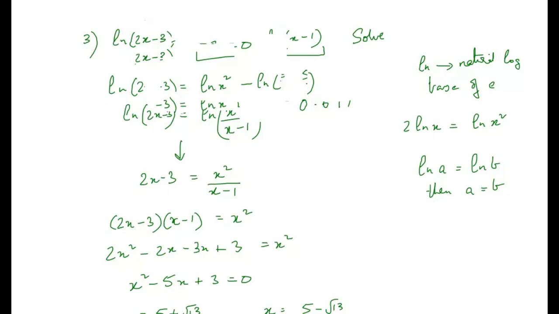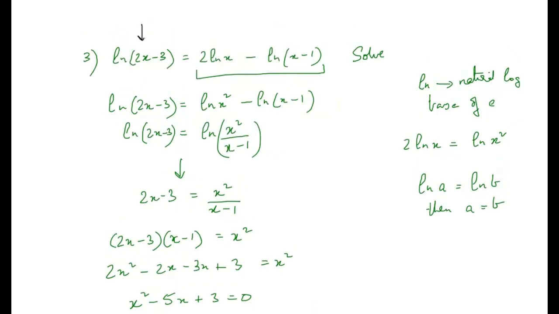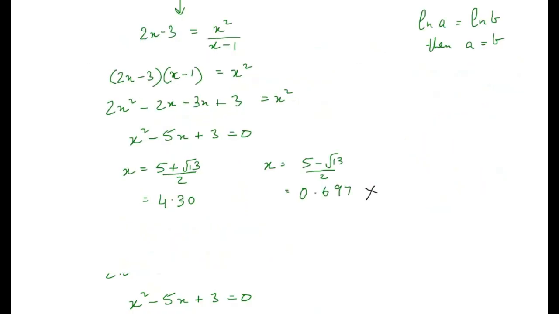So putting that in, 2 into 0.697 minus 3 gives me a negative value. 2 into 0.697 minus 3 is a negative value, and therefore we can discard this because you cannot have a log of a negative number.